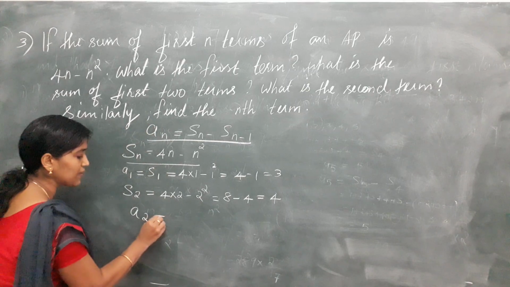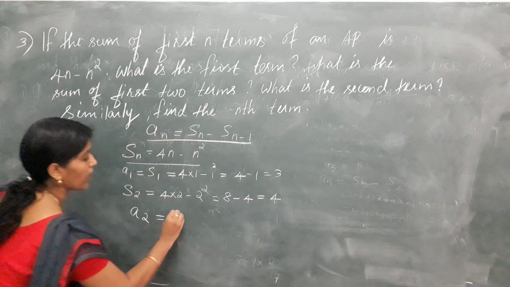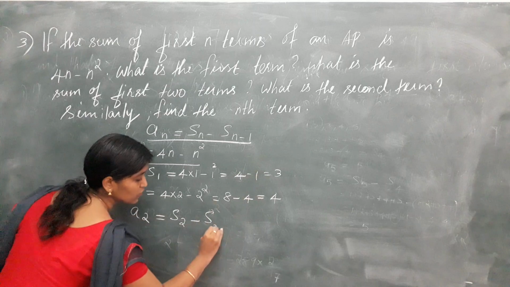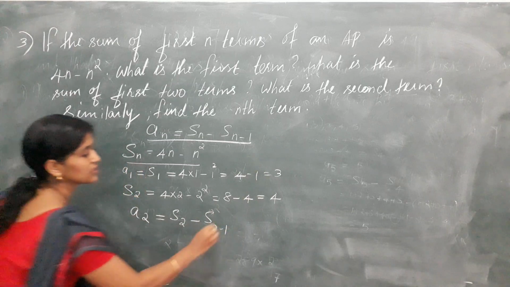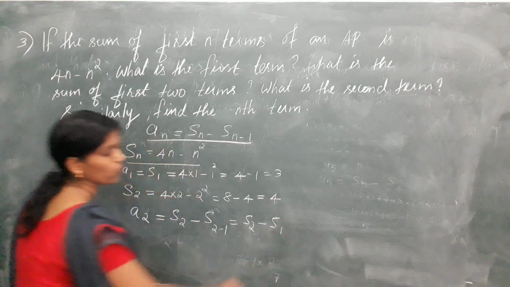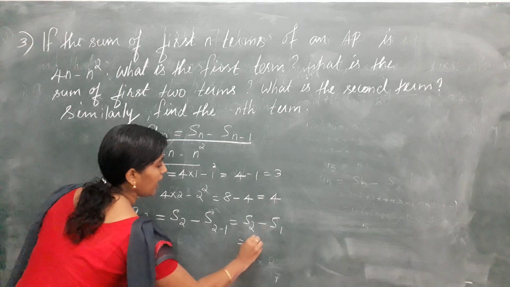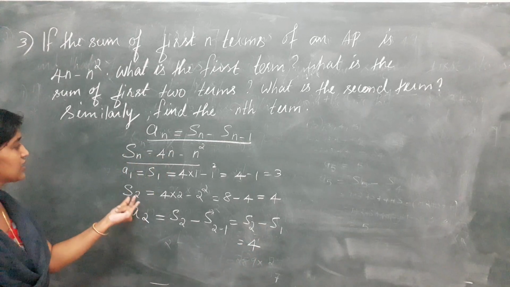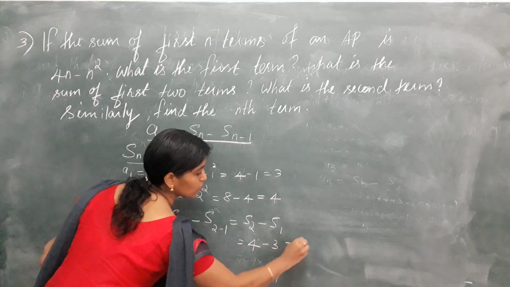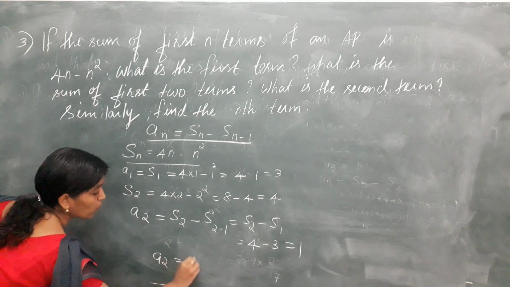So using that remark, you can write A2 as S2 minus S2 minus 1, which is equal to S2 minus S1. S2 we got, it is 4, and S1 we got, it is equal to A1 itself, which is 3. So 4 minus 3, that's equal to 1. So we got A2 is equal to 1.